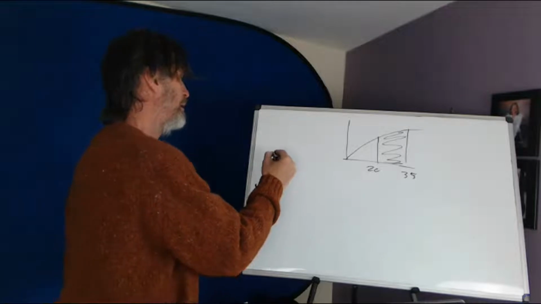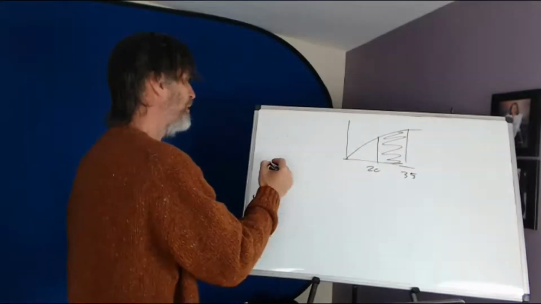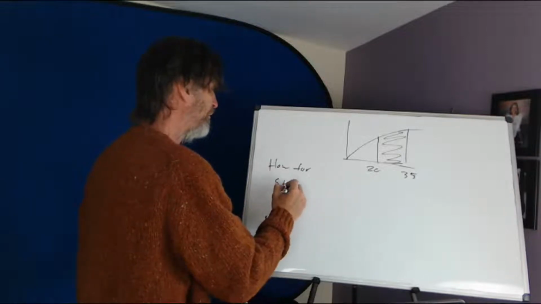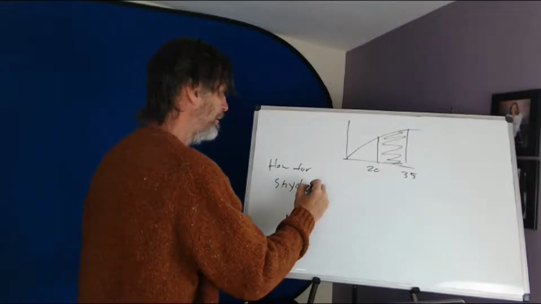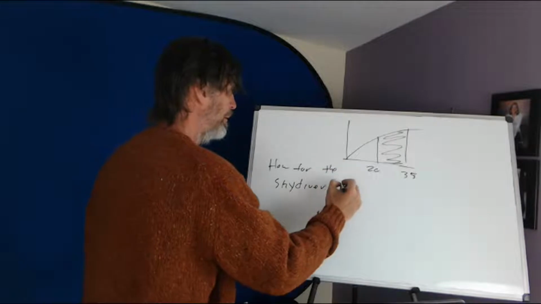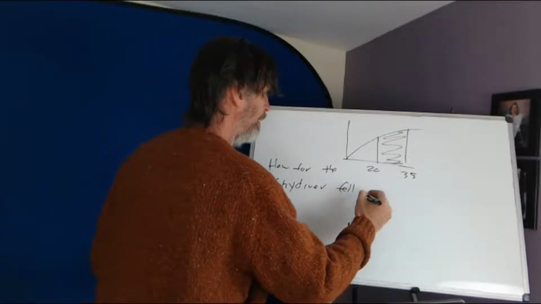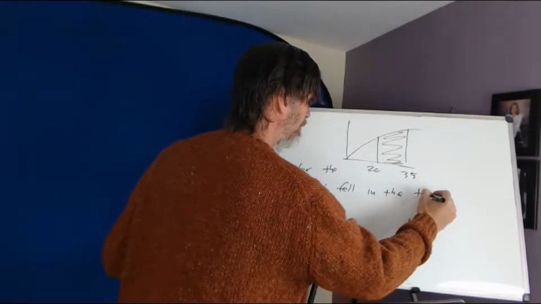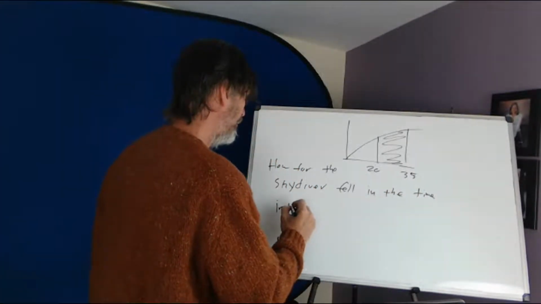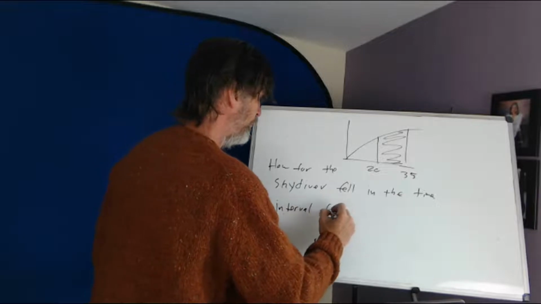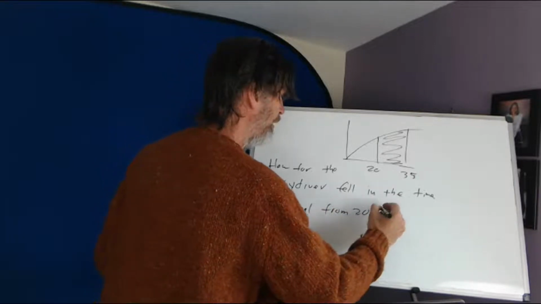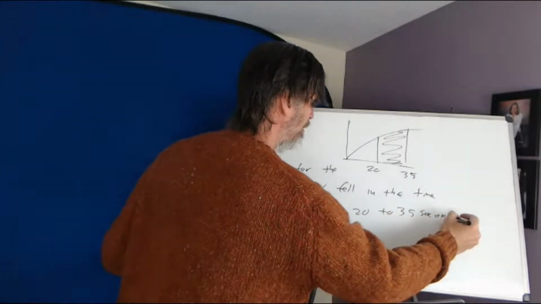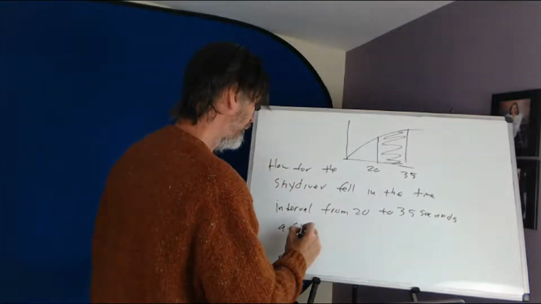So the area under the curve is again measured in feet. How far the skydiver fell in the time interval from 20 to 35 seconds after jumping.